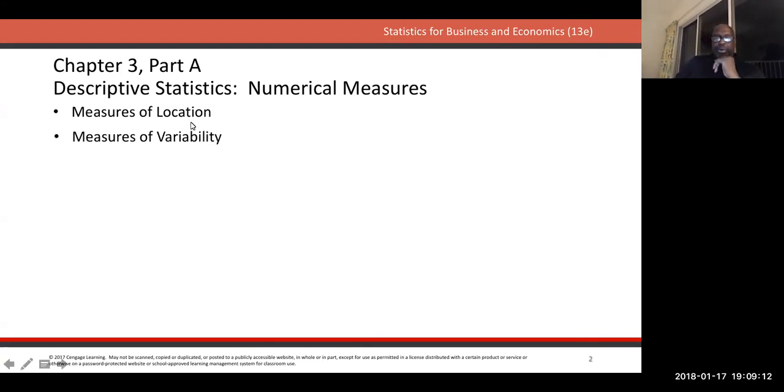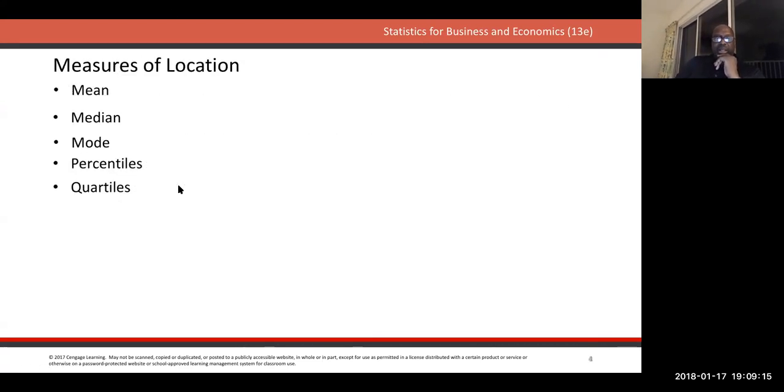Let's go through some of the different types of measures. Measures of location include the mean, the median, the mode, the percentiles, and quartiles. The mean is fairly straightforward. Another word for the mean is the average, which is the sum of all of the values divided by the number of values that we have.